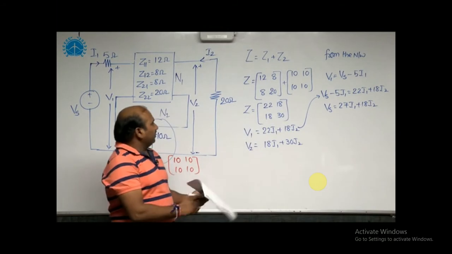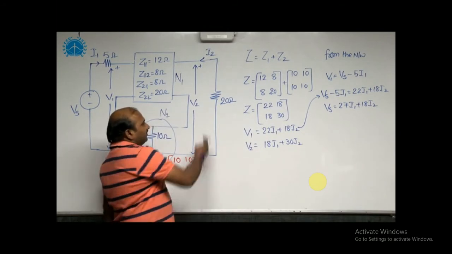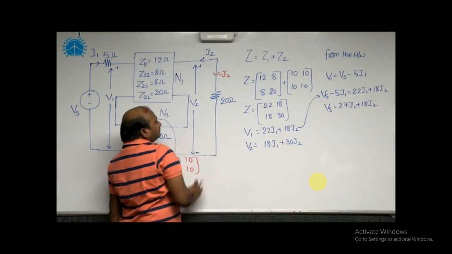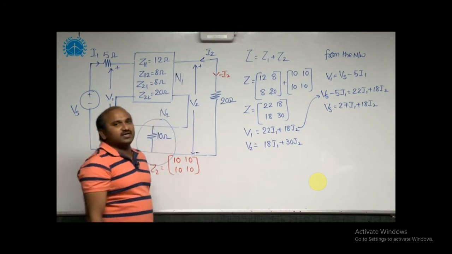Now V2 also we can take in terms of I2. The load current is equal to minus I2, so V2 I can take as minus 20 times I2.